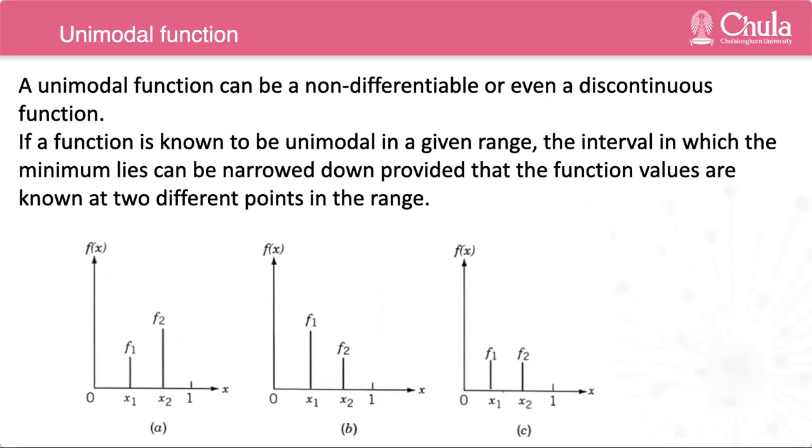Now, if we know that in the area of interest it is a unimodal function, then I give you this figure. From 0 to 1 is a unimodal function. I ask you one question. If I choose x1 and x2 in the area of interest, and I evaluate the function at x1 and x2, I get f1, f2 here.